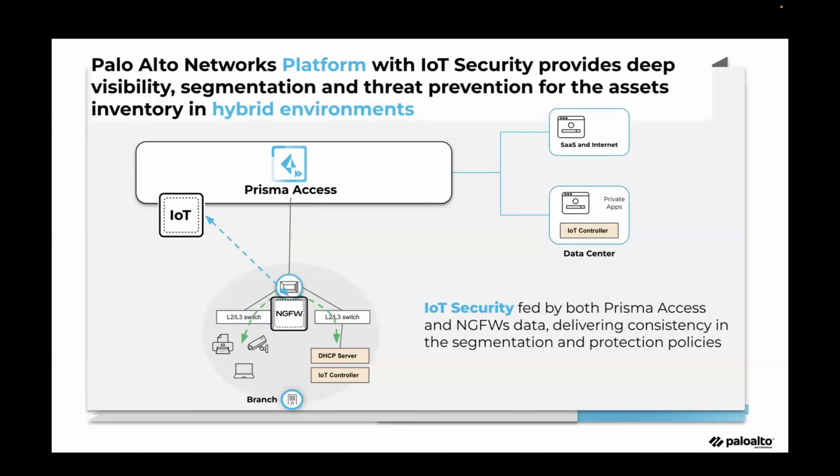As I was saying, our NG firewalls and Prisma Access can work in tandem, and both can on one side feed our IoT security with the proper information to help an accurate inventory discovery. And the reverse of that, whatever policy I want to enforce coming as a recommendation from IoT, I can very well do again in both worlds with all the consistency I need.